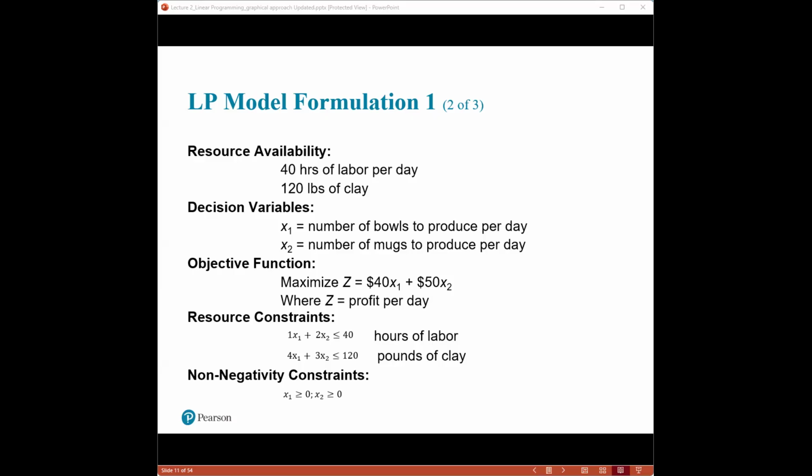x1 will then be equal to what? 2 times 8 is 16. We send it across. So 40 minus 16, which is equal to 24.